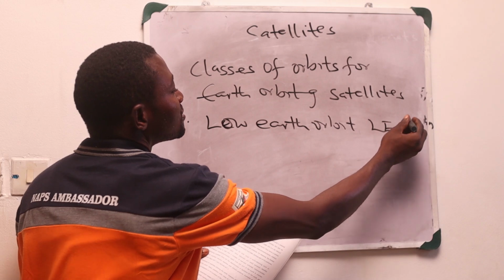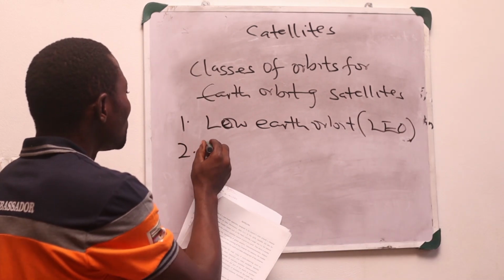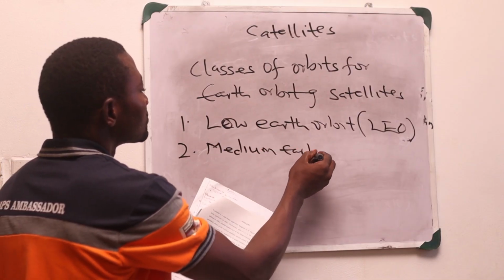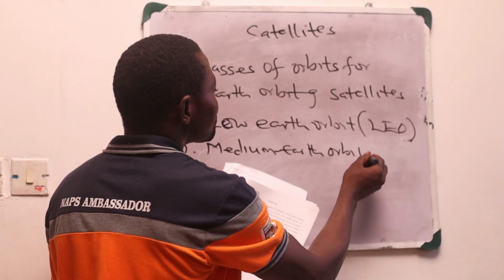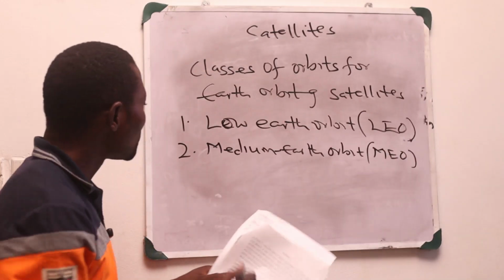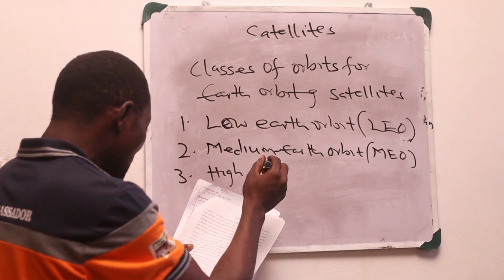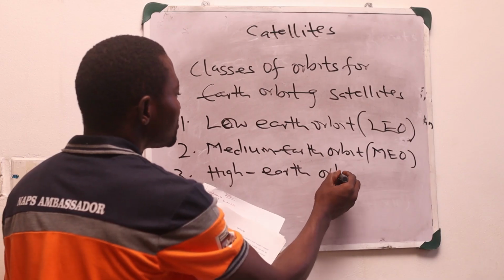Which we represent as LEO. We have the medium Earth orbit, and we have the last one, the third one, high Earth orbit.